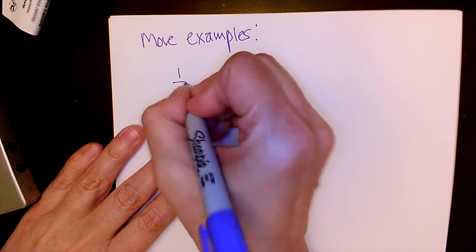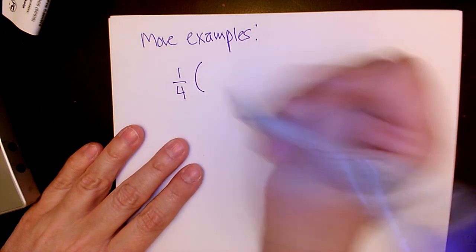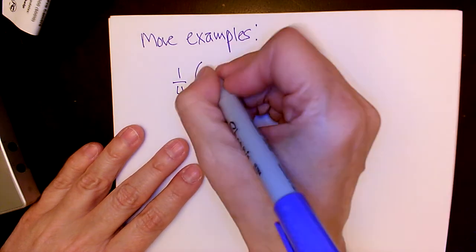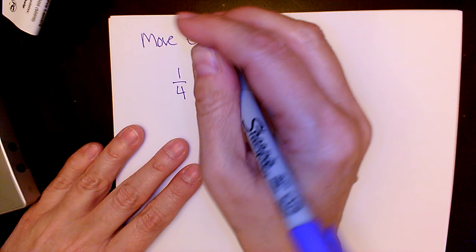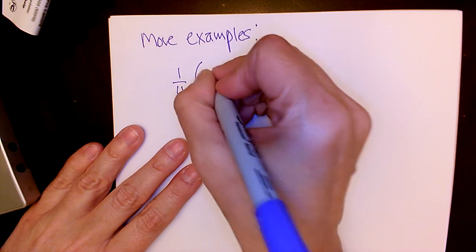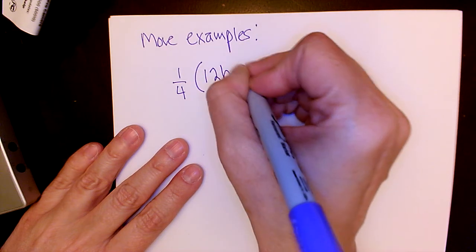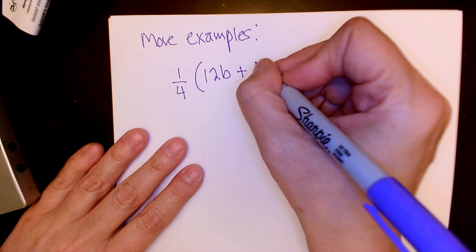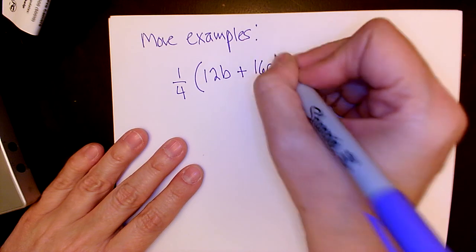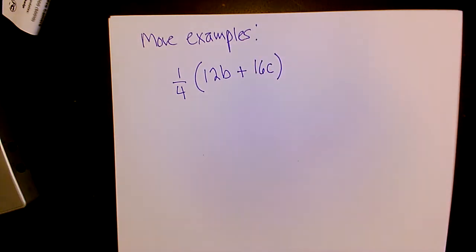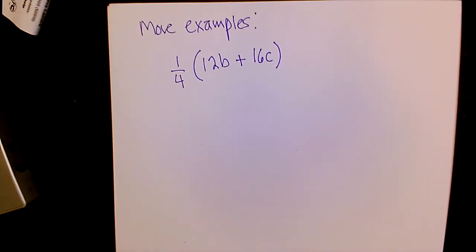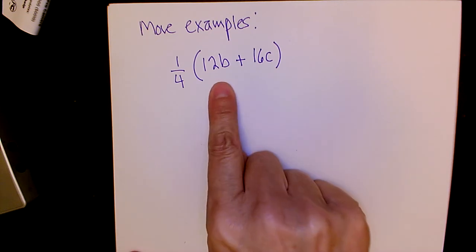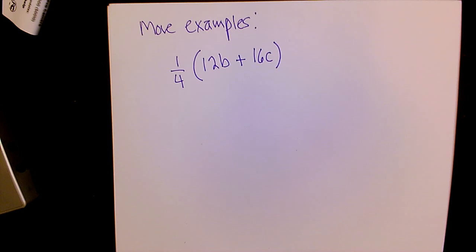What if I had 1/4, I had something like that. So that's 1/4 times the quantity 12b plus 16c.